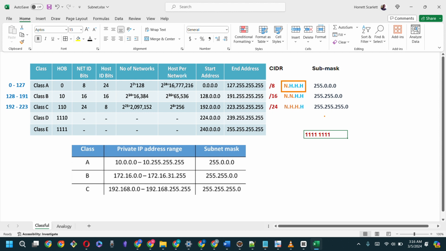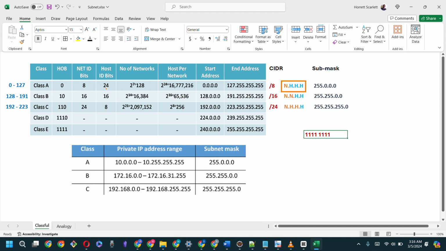So for the class A address, we are using 1 octet to represent the network, and we are using 3 octets to represent the host. So in terms of the number of bits which are associated with the host for a class A address, it's going to be 8 times 3, which gives us 24, which is the same value that we're seeing here.